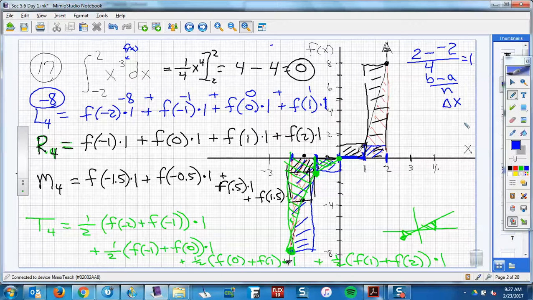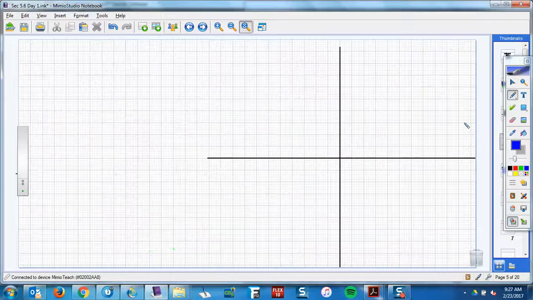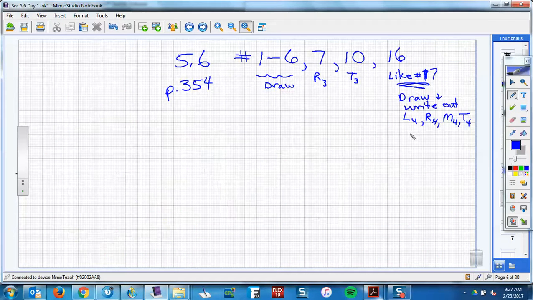Okay? So on 17, and then you're going to compare that to the actual answer that you get using the fundamental theorem. So this one we did with the x cubed, where we do, now, so on that one, you're going to have 4 pictures, right? You need to have a picture for each one of those. Okay, so you're gonna have a picture for each one of these, and you're gonna have 4 pictures on number 16. And these you're gonna write out, but you won't have pictures. Okay, that's reasonable, that's not terrible.